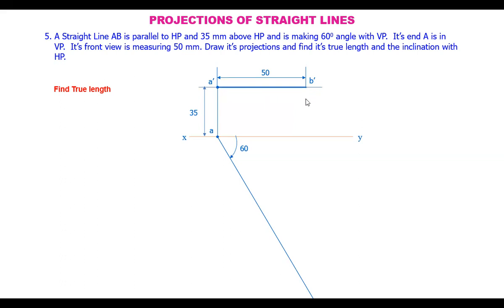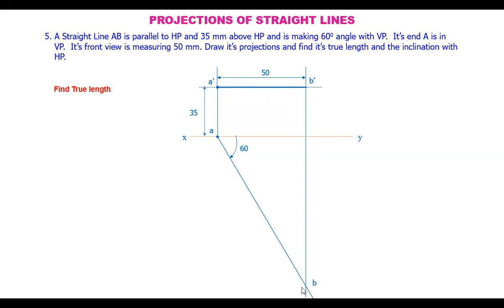Now from B dash, draw a projector onto the reference line and extend this further. The top view of B must be lying on this projector and also on this 60 degrees line. So the intersection point itself will be B, the top view.